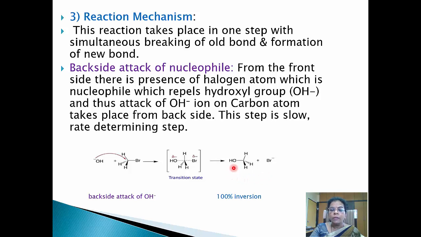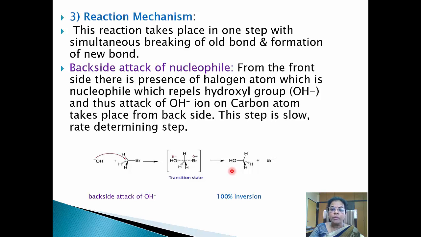Now here, this OH is now on the backside. In the substrate, Br, the leaving group, is present on the front side, but in the product, this OH is present on the backside of the carbon atom.